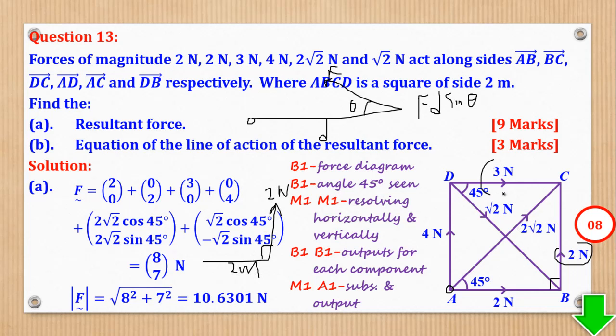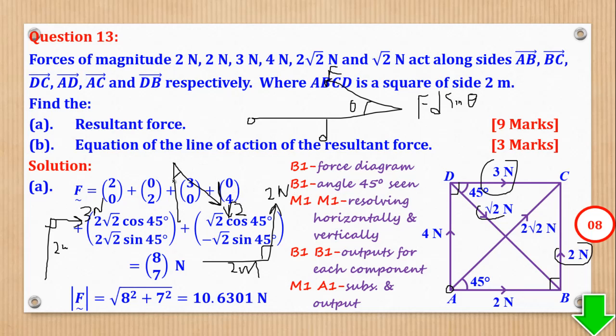Then for this one, the pivot is here, the force is this side, which is 3. The angle is 90, which is this, and the distance is 2 meters. That's why you saw 3 times 2. Then the root 2 here, it is like this. The force is here, which is root 2.